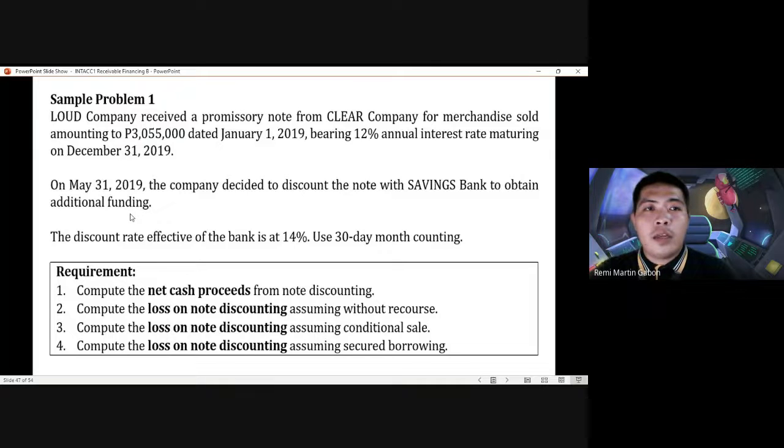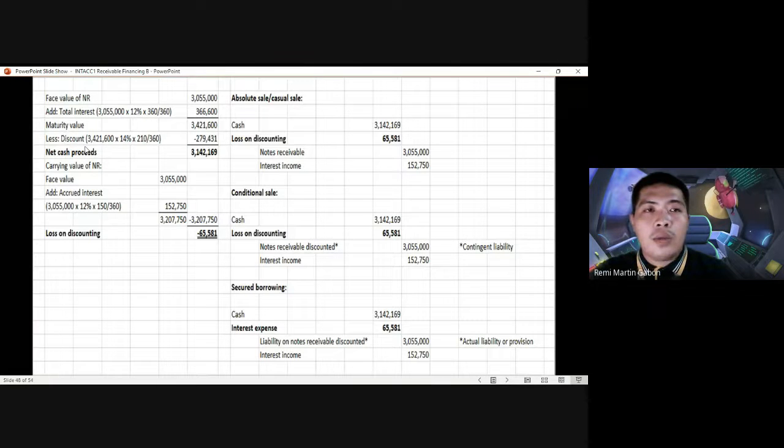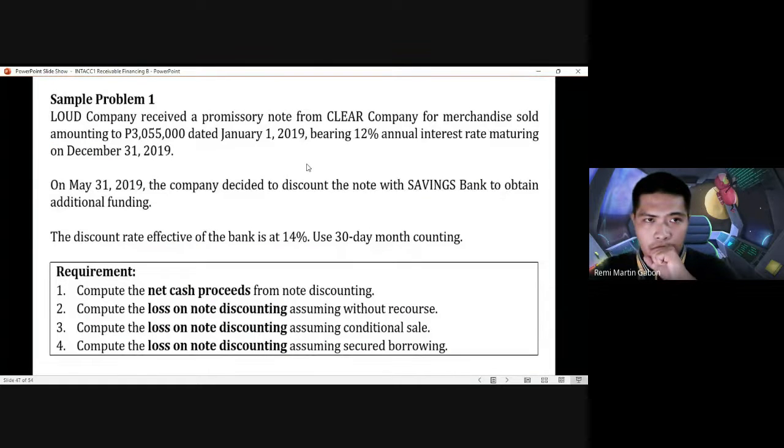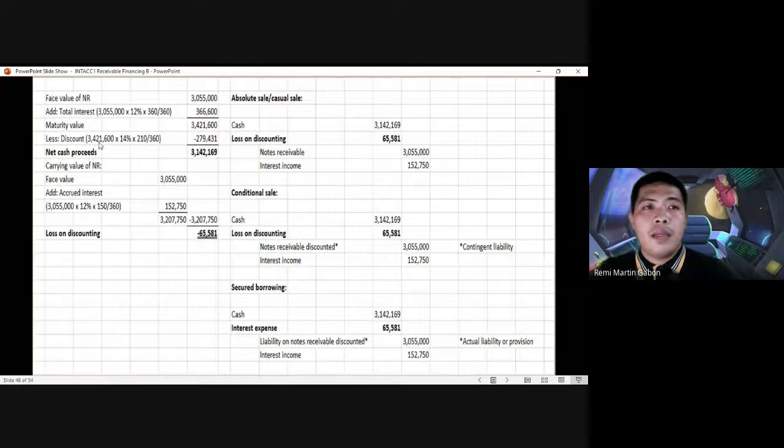Therefore, yung computation ng ating discount will be the maturity value times 14%. 14% will be our effective discount rate for the bank. Yan. So itong 14% yung gagamitin. So 3,421,600 times 14% multiplied by the number of months or days covered.